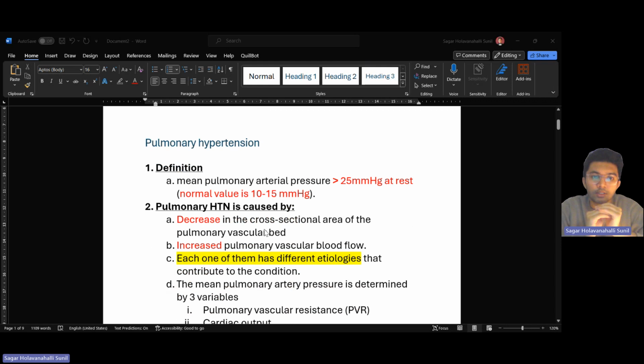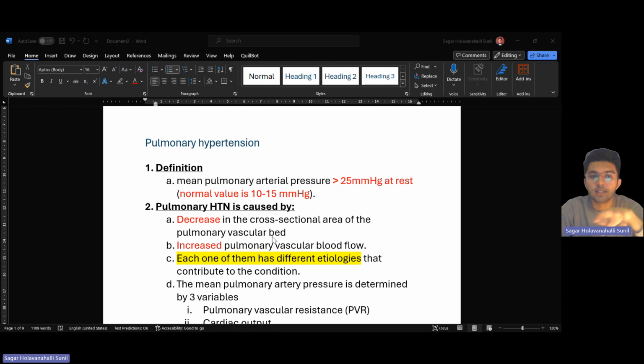Now, in the most basic sense, pulmonary hypertension can be caused by a decrease in the cross-sectional area of the pulmonary vascular bed, right? So imagine the pulmonary vascular bed. You've got a combination of series and parallel vasculature. Like you remember from high school, you have series electric circuits and parallel electric circuits, right?